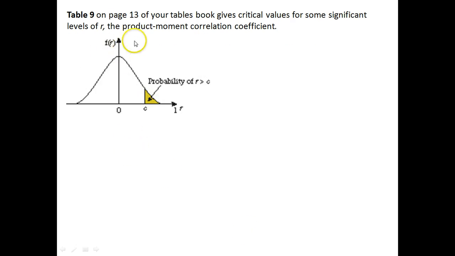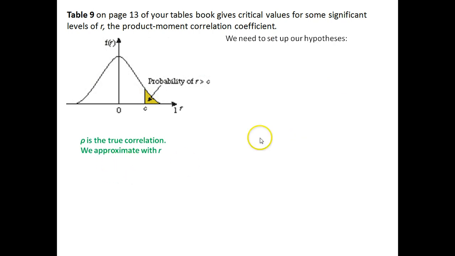On page 13 of your tables book, table 9, you have critical values for some significance levels of R, the product moment correlation coefficient. So rho is the true correlation. We approximate this with little r.